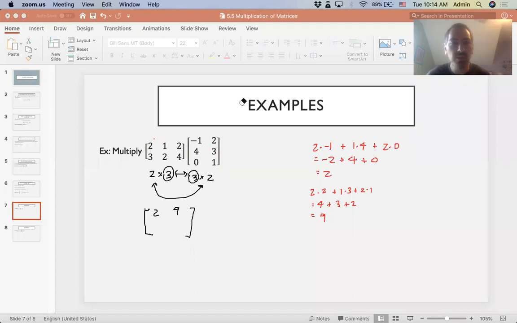Now we've multiplied the first row by everything, so now we'll multiply the second row by all the columns. That's 3 times -1 plus 2 times 4 plus 4 times 0, which is -3 plus 8 plus 0, which is 5.